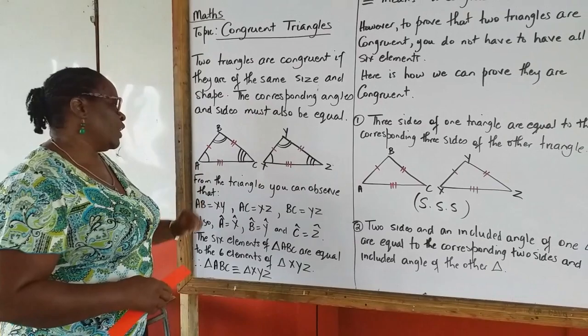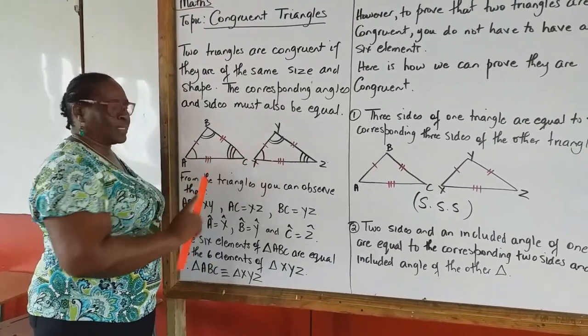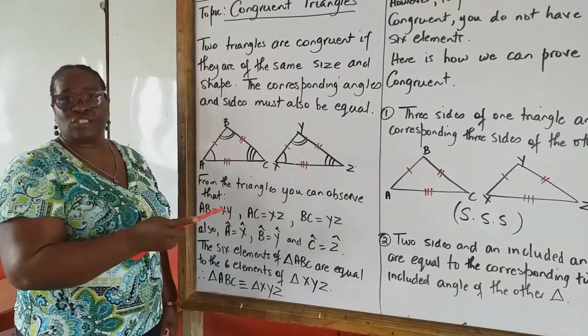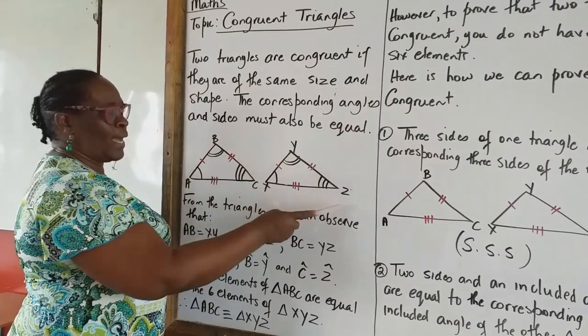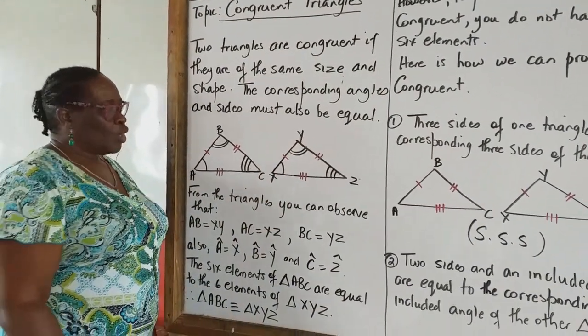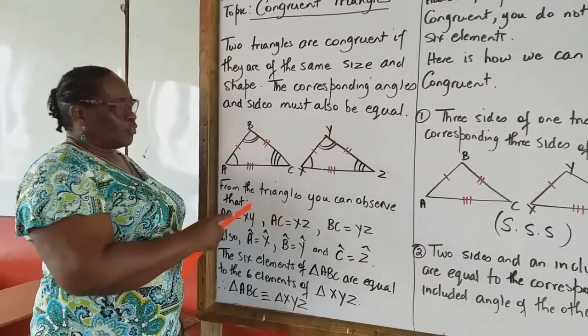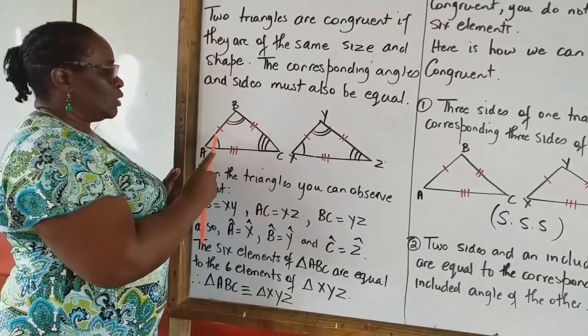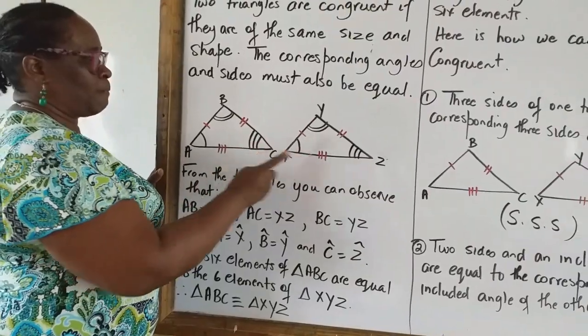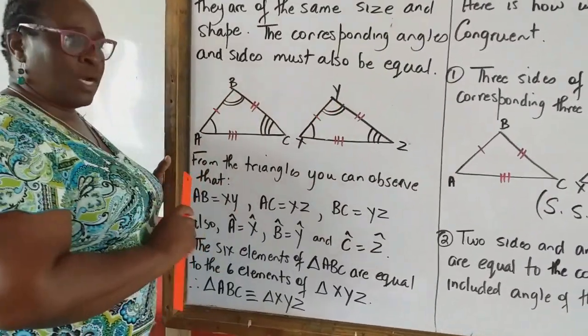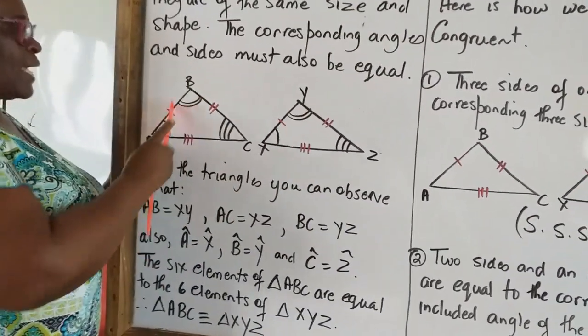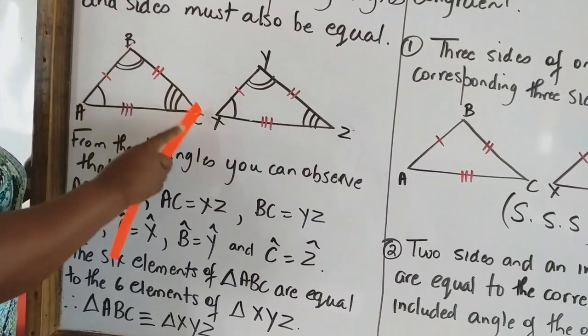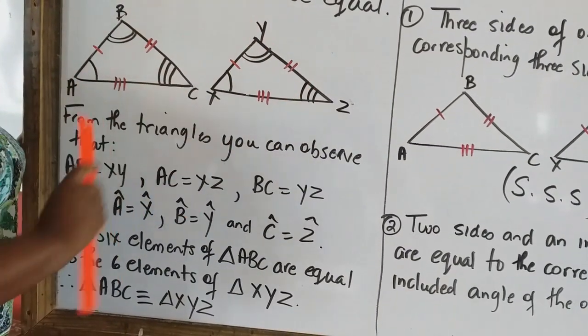On the board here we have two triangles, triangle ABC and triangle XYZ. From the two triangles you can observe that the corresponding angles are equal and the corresponding sides are also equal.